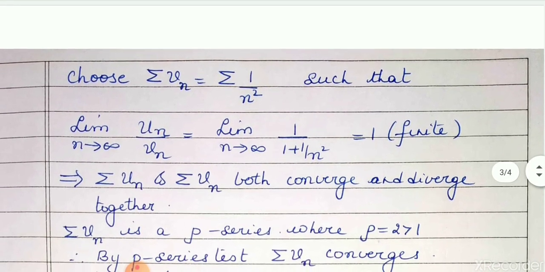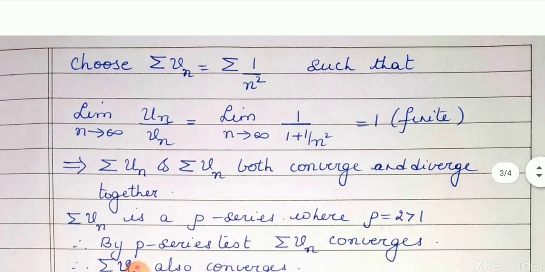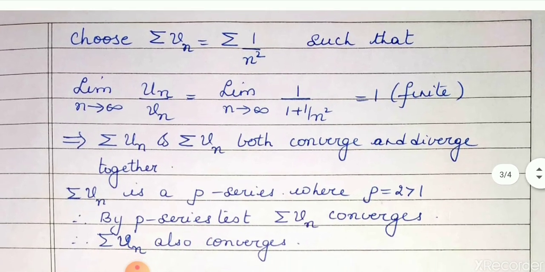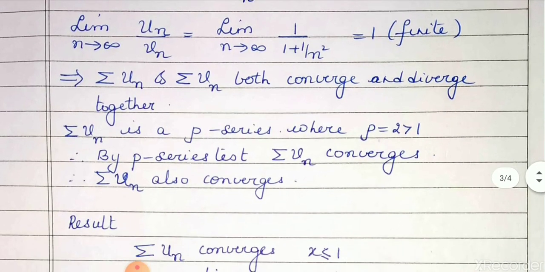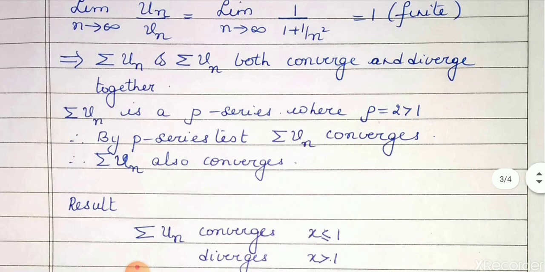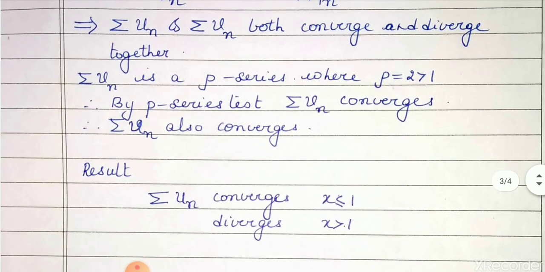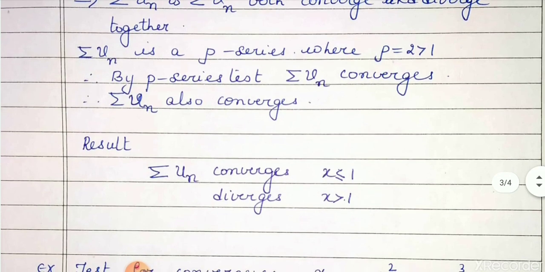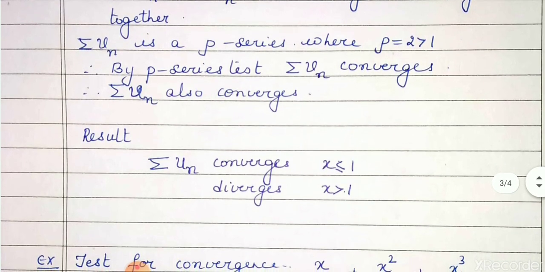This is known to you all. We have discussed in the previous videos. Sigma un and sigma Vn converge and diverge together. We can say Vn is a p series where the value of p is equal to 2, which is greater than 1. Therefore sigma Vn converges, and we conclude sigma un also converges.